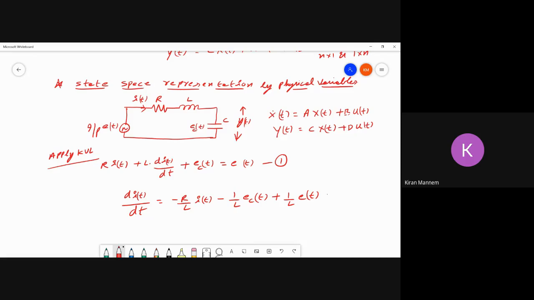Let it be equation number 2. Why am I writing it like this? Your state equation is x dot of t, that is a first order differential equation.